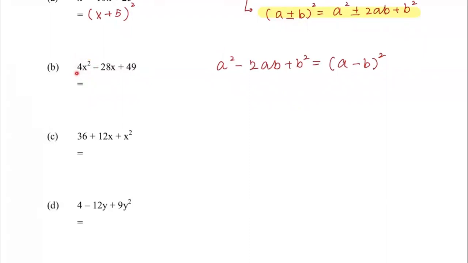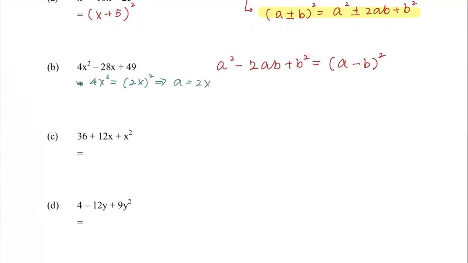Can we write 4x squared as something squared? We can. 4x squared can be written as (2x) squared. So we have our a squared now, which means a is equal to 2x, right?